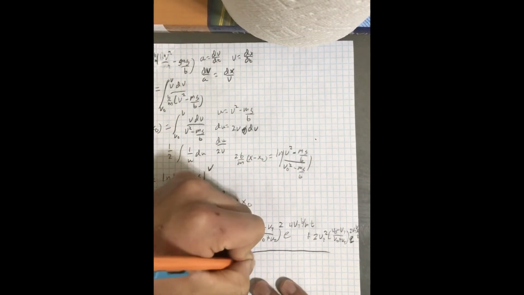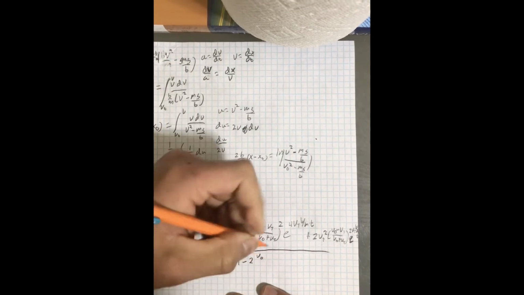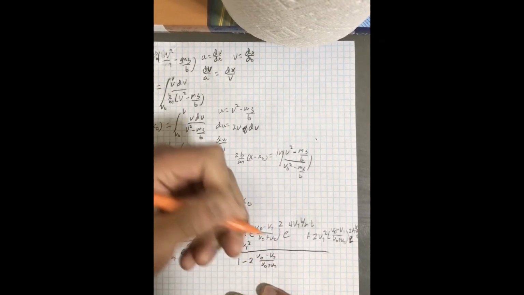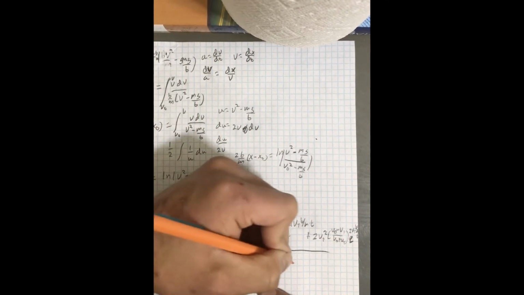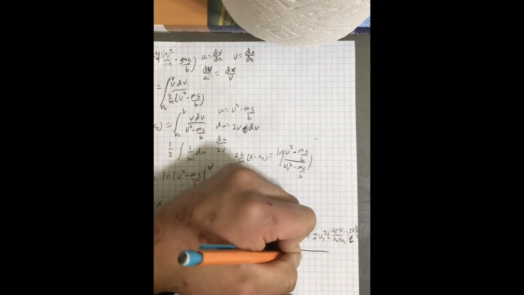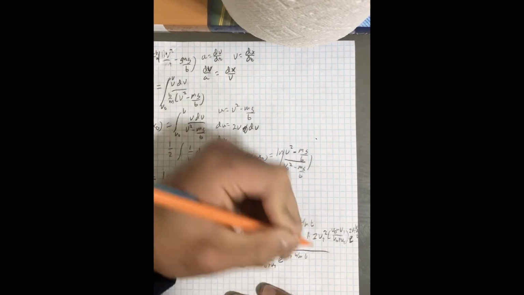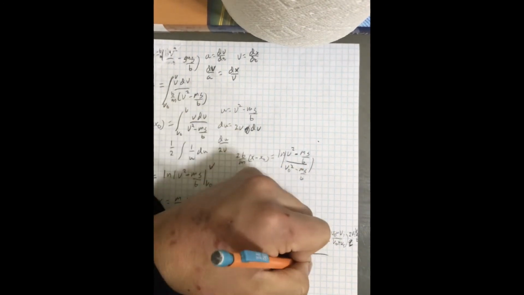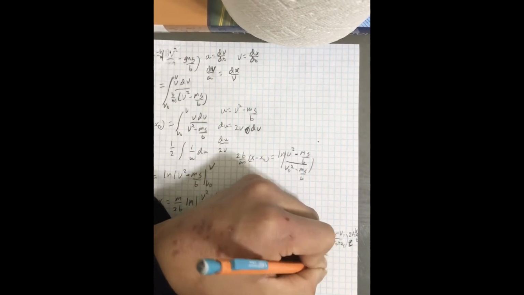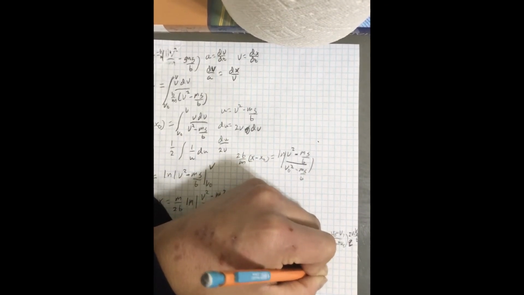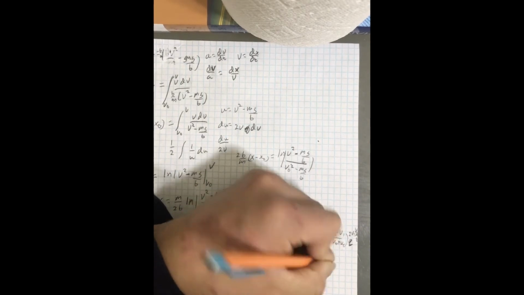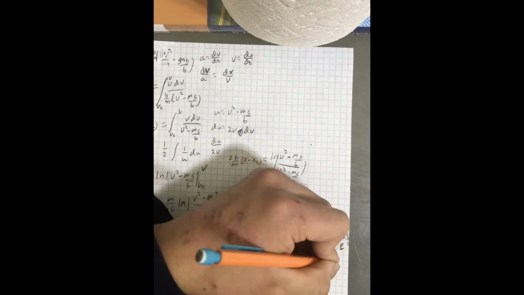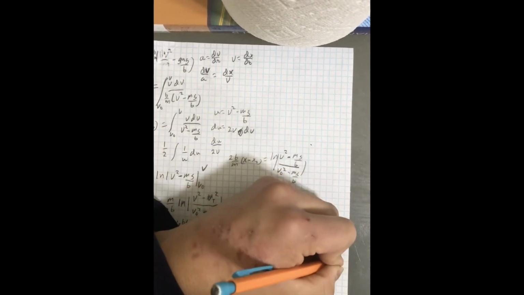if we square this, then I get 1 minus, again, 2 times v naught minus vt over v naught plus vt, e to the 2vt b over m t, and plus (v naught minus vt over v naught plus vt) squared, e to the 4vt b over m t.